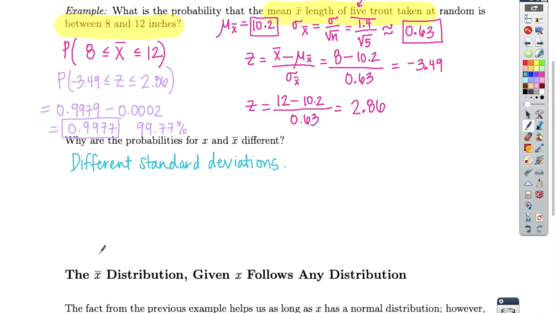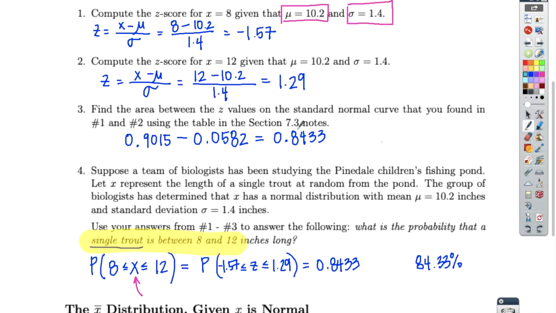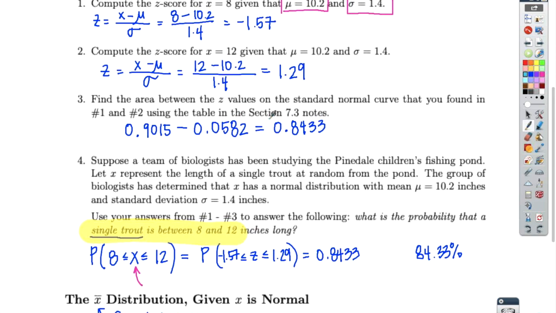But also, we found a pretty high probability that a single trout was between 8 and 12 inches long. I mean, 84.33% that a single trout, that you catch one trout and it's between 8 and 12 inches.